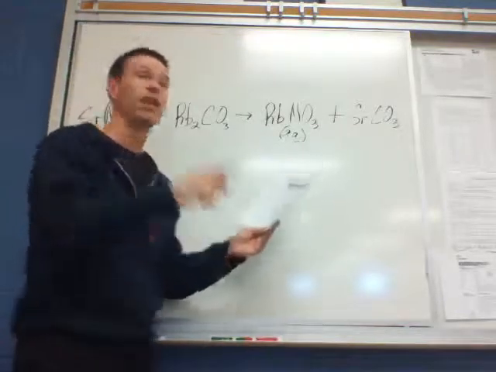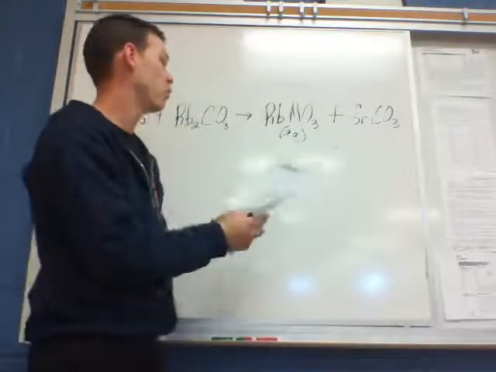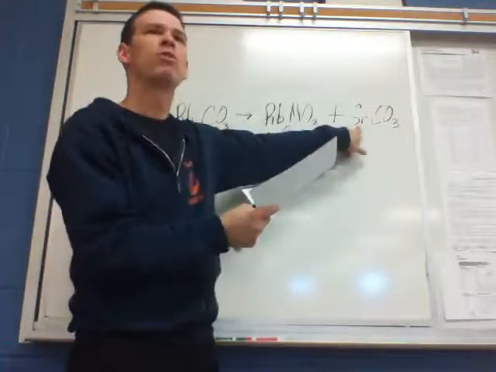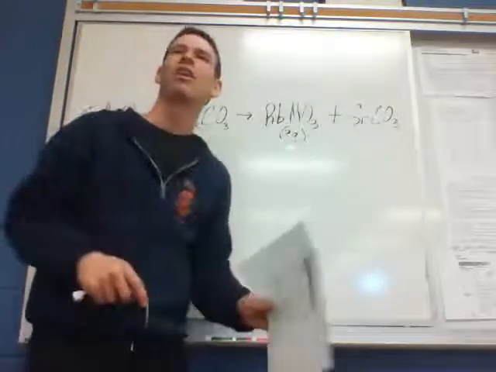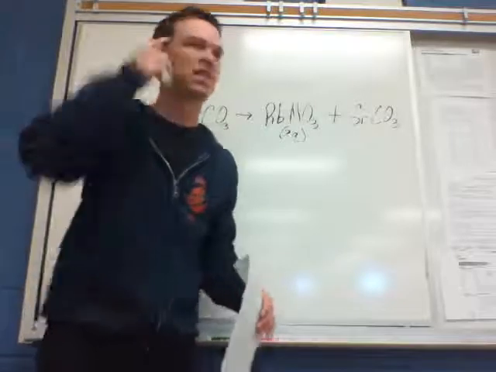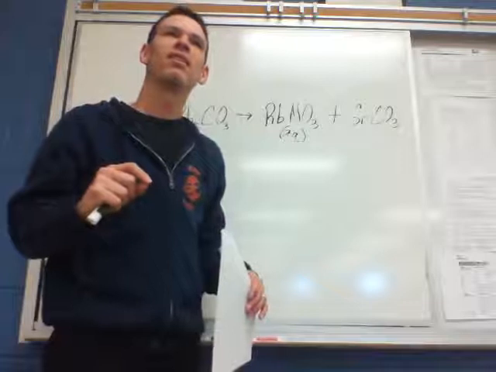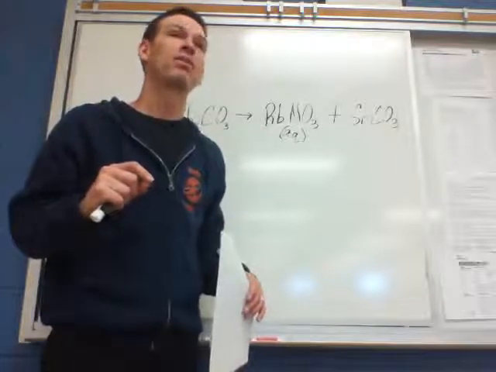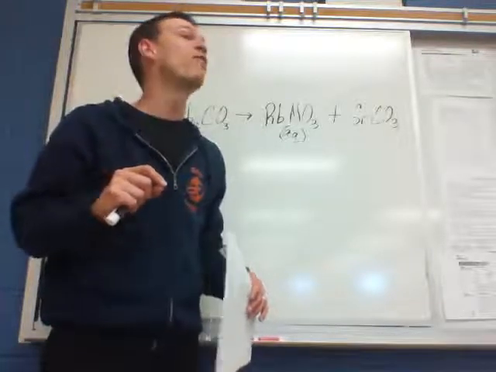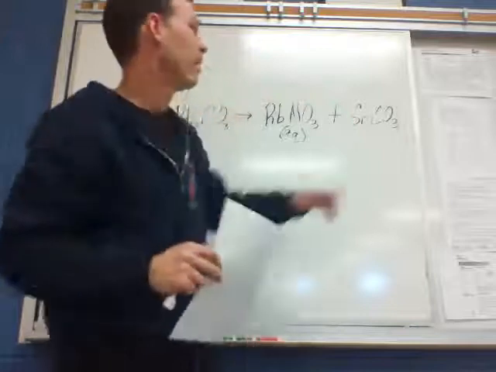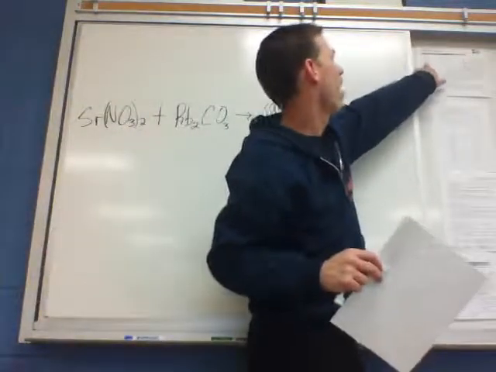Let's see. He's solid unless he's bonded to ammonium. That's not ammonium, so we're good. Or an alkali metal. This is going to take some review. Where are the alkali metals? Which family are the alkali metals? The first column. Hydrogen's column are the alkali metals.